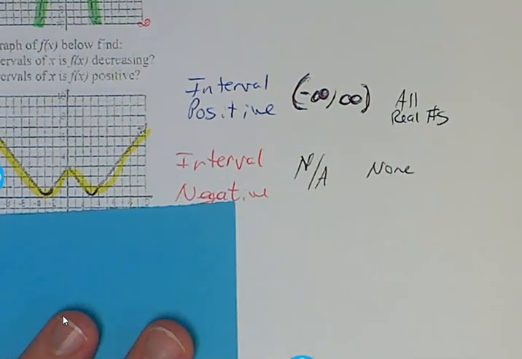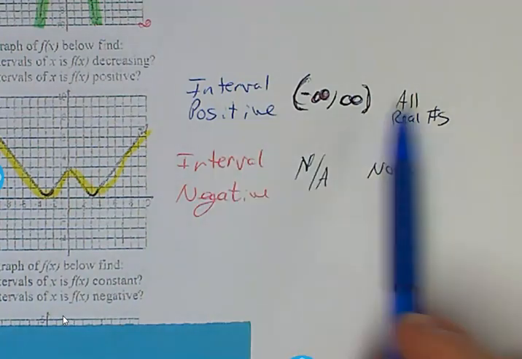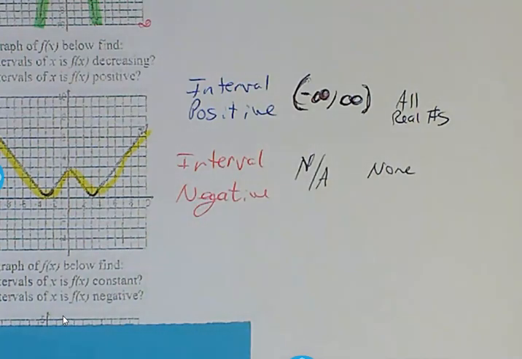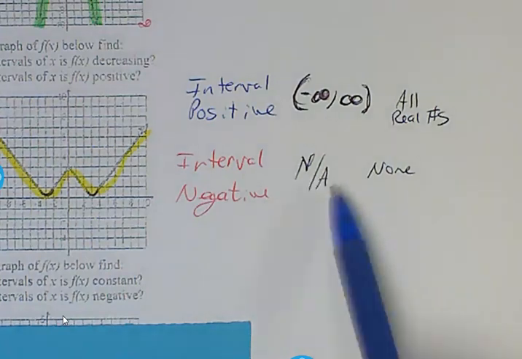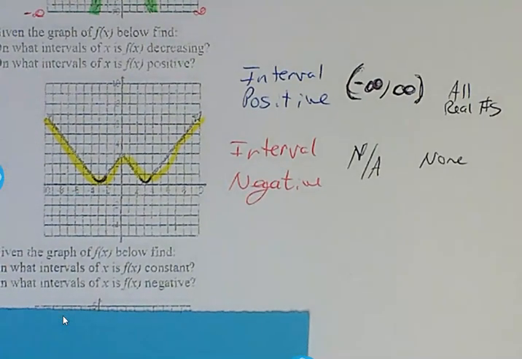So if everything is positive, that means nothing's negative. They may give you an NA or a none or no, something where it's not possible. They may have a button with a circle that says not possible. Okay, so kind of a trick question, but that one's kind of good.